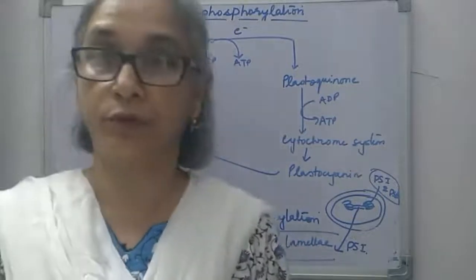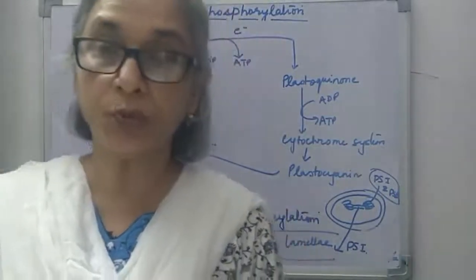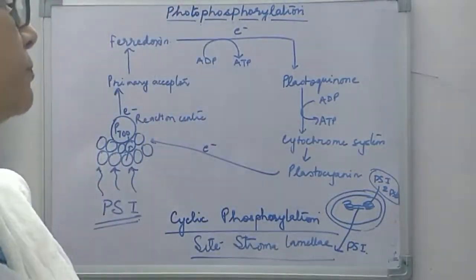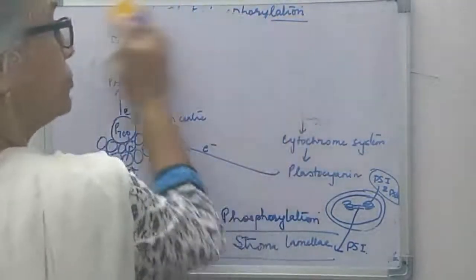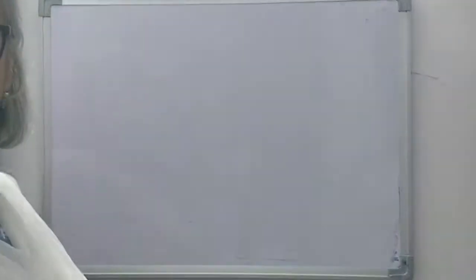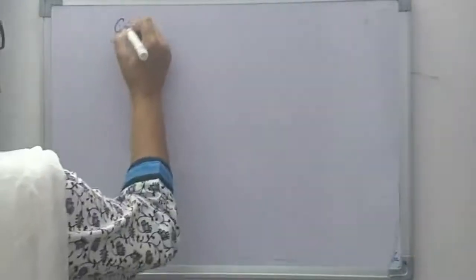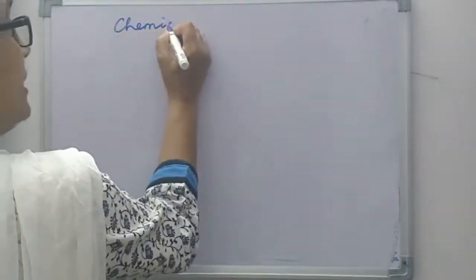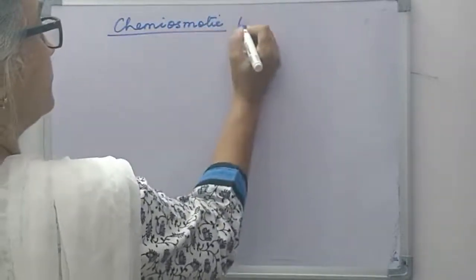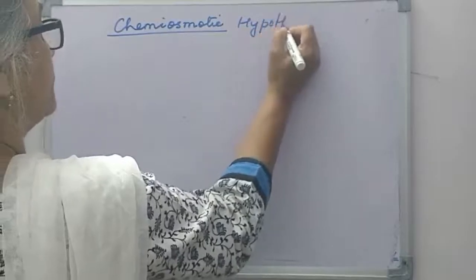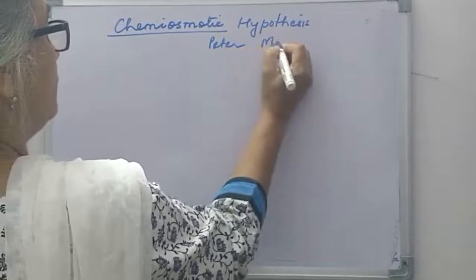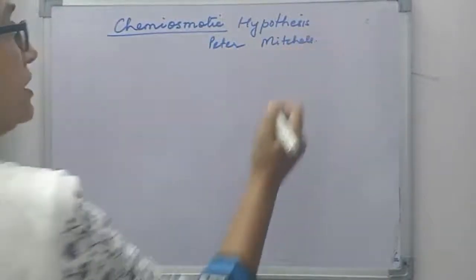Now next we come to the chemiosmotic hypothesis, which explains phosphorylation. It was proposed by Peter Mitchell.